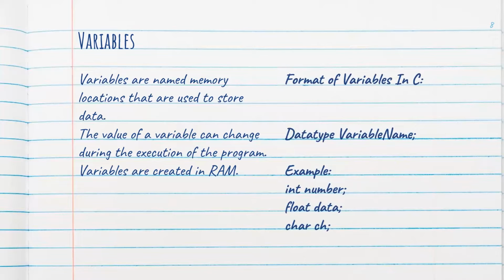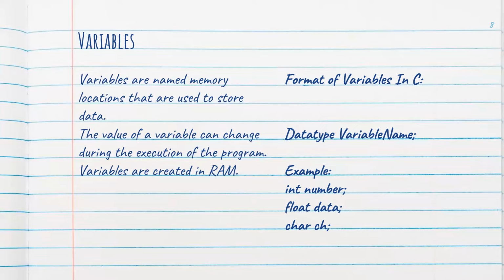Whenever you have to create a variable in C language, you have to follow a specific format. The format is you have to first write the data type that we have discussed in the previous video, and after that you have to select a variable name. For example, int number, float data, char ch.